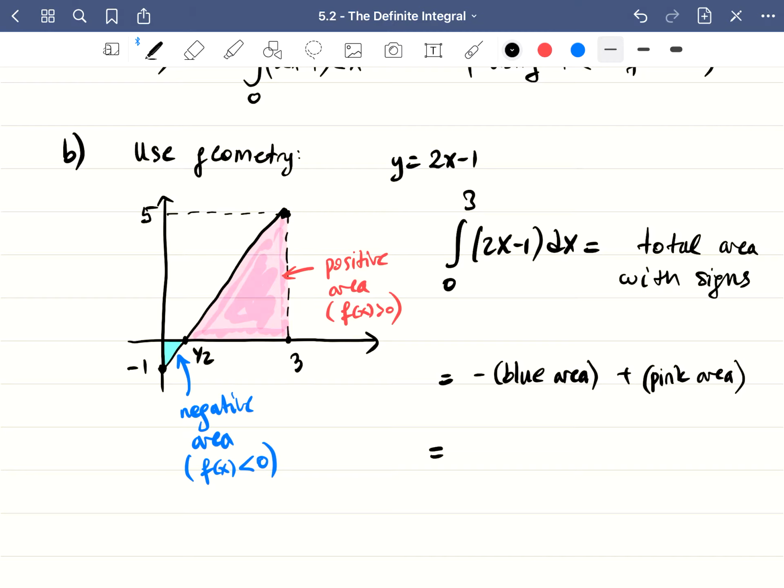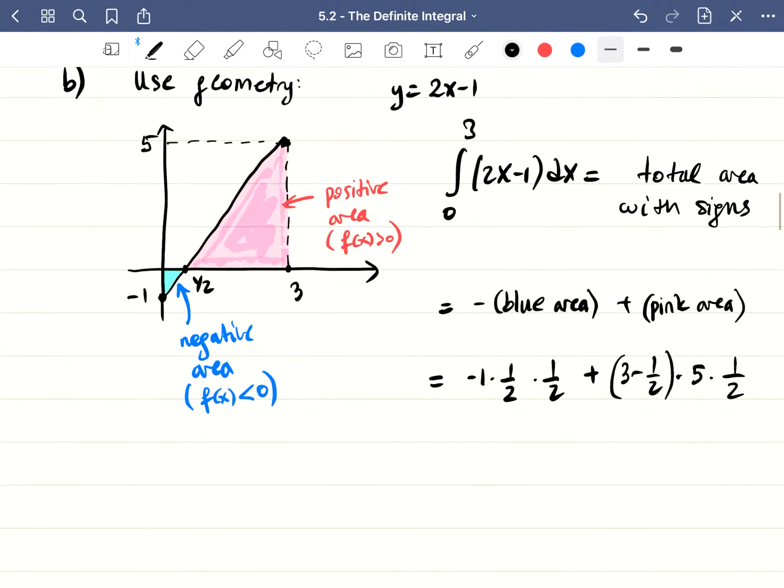So the blue area is minus 1 times 1 over 2 divided by 2, so times 1 over 2, plus the pink area is 3 minus 1 over 2 to find this difference here, so the base, that's equal to 3 minus 1 over 2 times the height, which is 5, and divided by 2, so we have to divide by 2 as well.